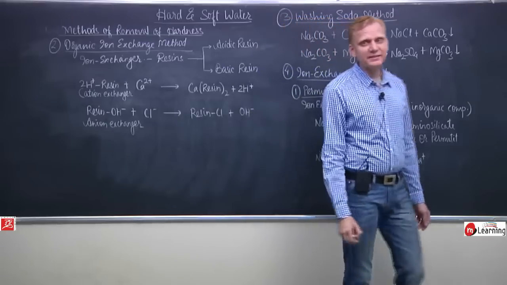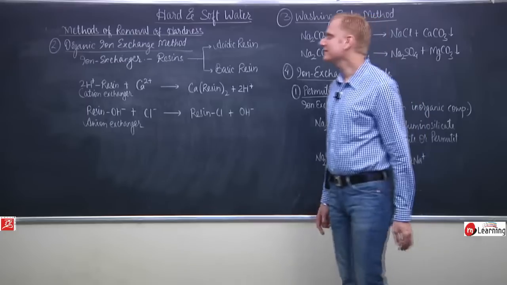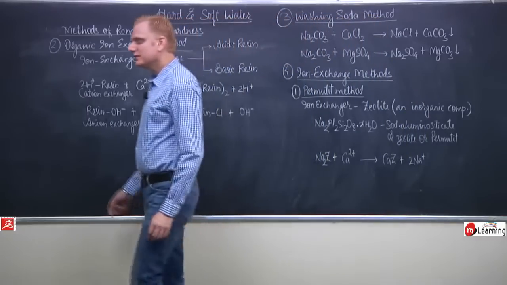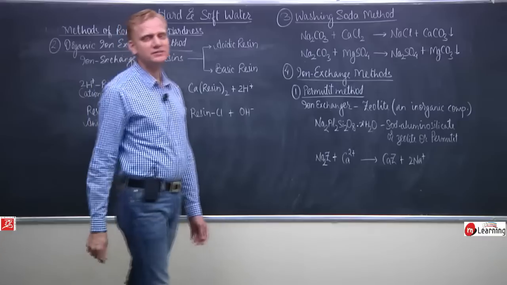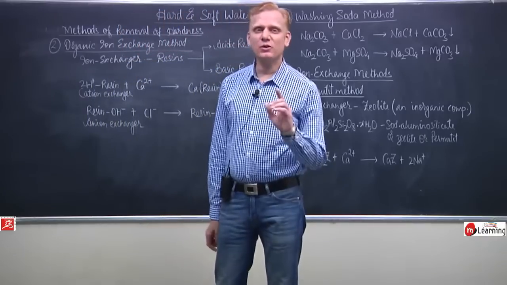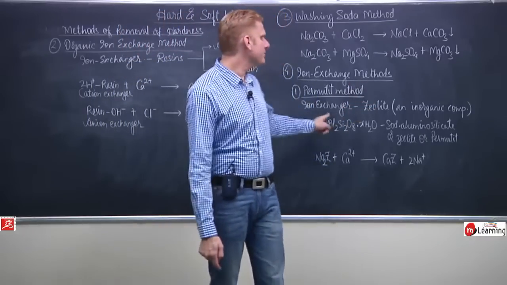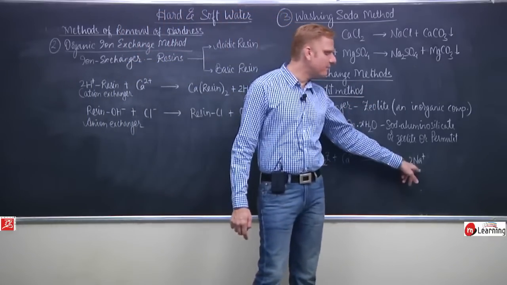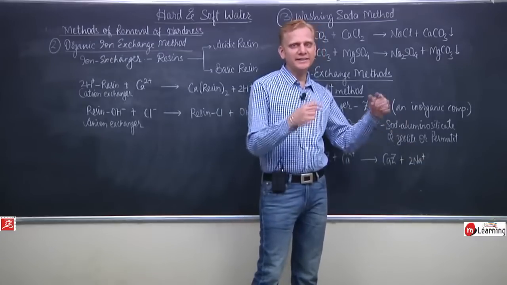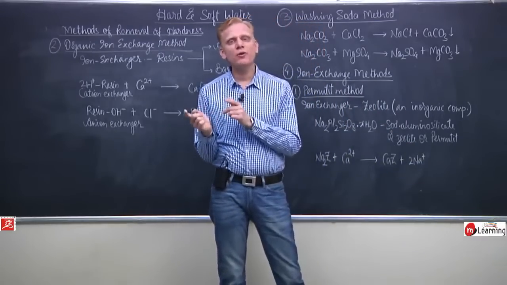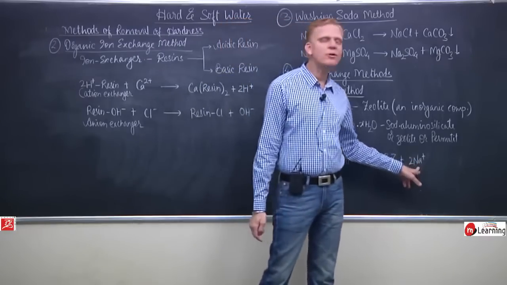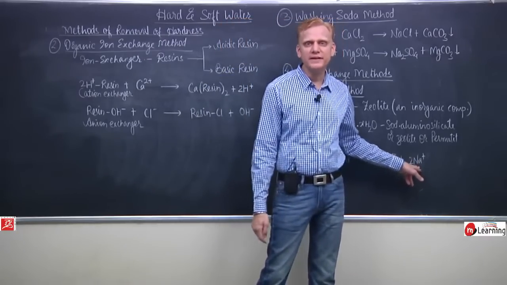The interesting fact about this method is that the soft water will not have any kind of salt. It won't be salty water. In the permutit method, as I said, the exchange process gave the sample of water the sodium salt in the form of chloride or sulfate.